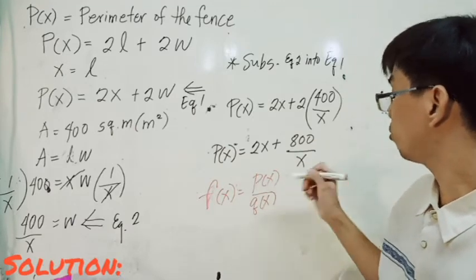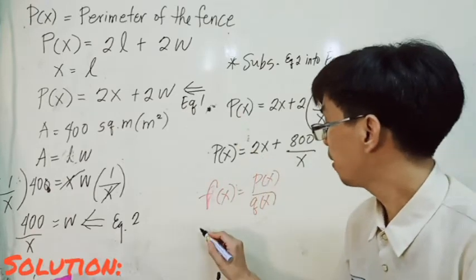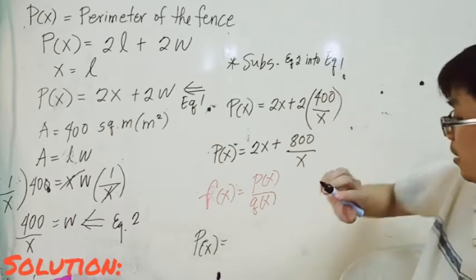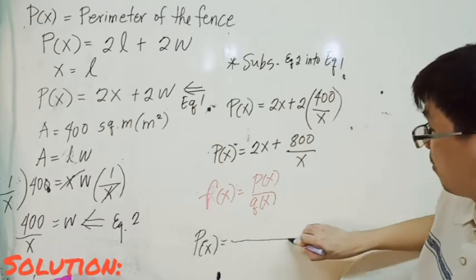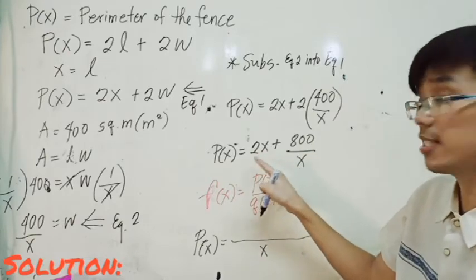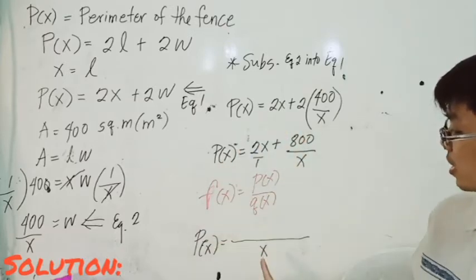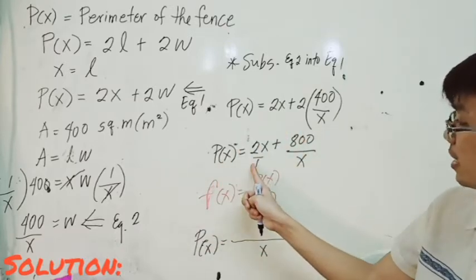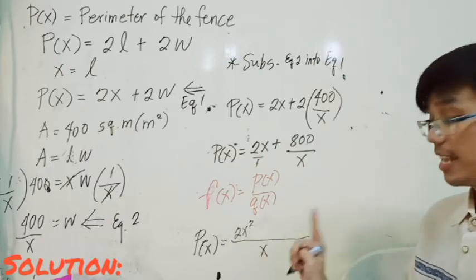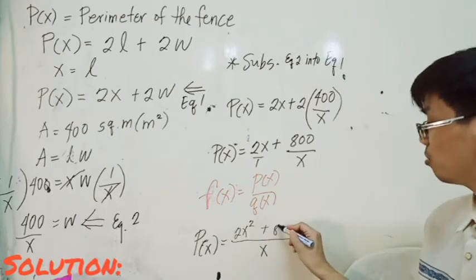So how are we going to do that? How are we going to combine these two terms? By finding their common denominator. The least common denominator of this and this is x, because the denominator of 2x is 1. So computing this, x divided by 1 is x times 2x will give us 2x squared, and x divided by x is 1 times 800 is equal to 800.